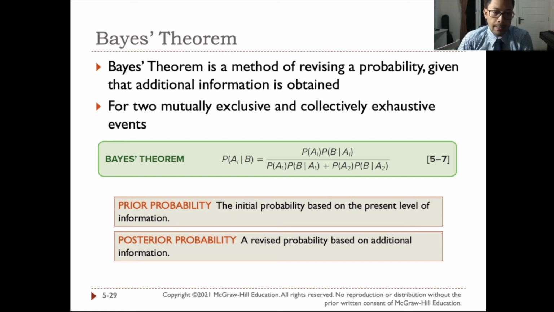Basically the prior probability is the initial probability based on the present level of information, and the posterior probability is the revised probability based on that additional information.